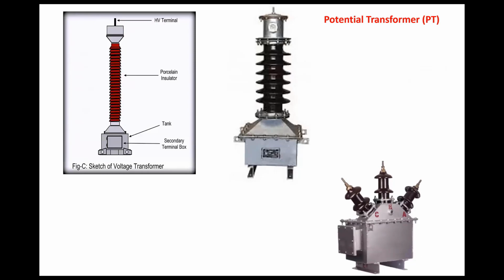This terminal is connected to high voltage. And there is a terminal box from where 2 wires will come, or 1 wire in most of the cases, depending upon that. So this will be connected to either meter, voltmeter, or relay. Understand? So here this is the high voltage terminal and this is the secondary terminal box.